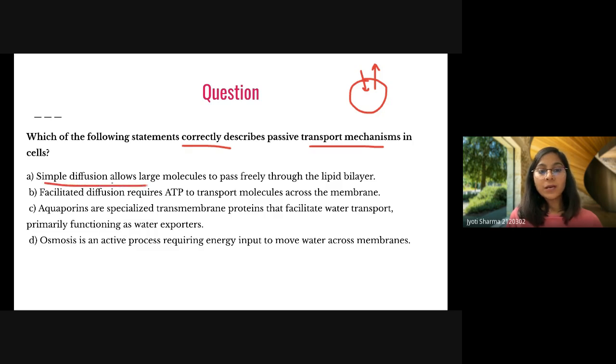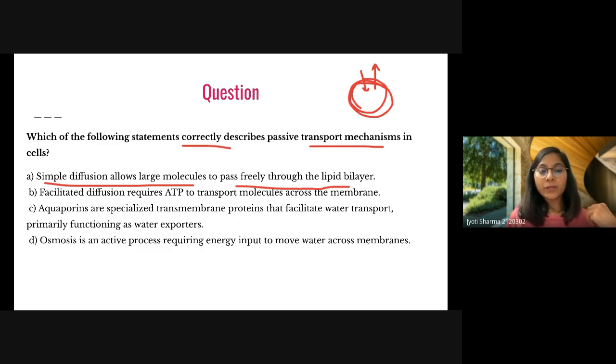A: Simple diffusion allows larger molecules to pass freely through the lipid bilayer. So what we are talking about, this is the cell membrane. If this is the cell membrane, then how can we pass the molecule in and out? B: Facilitated diffusion requires ATP to transport molecules across the membrane.